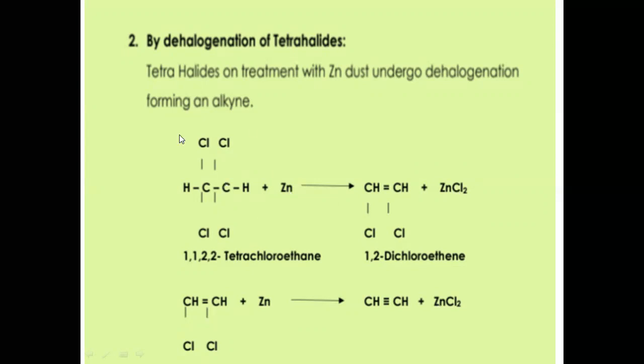When two chlorine atoms are eliminated by zinc in the first step, the two carbon atoms will form a double bond and zinc chloride will form. Then this 1,2-dichloroethene will be the reactant in the second step, and the zinc dust will eliminate the remaining two chlorine atoms and will form ethyne. The carbon atoms, in order to complete their valency, will make a triple bond, and a second molecule of zinc chloride will form.